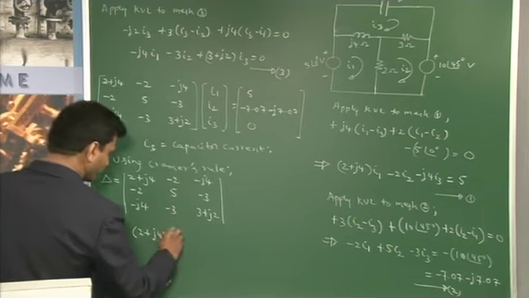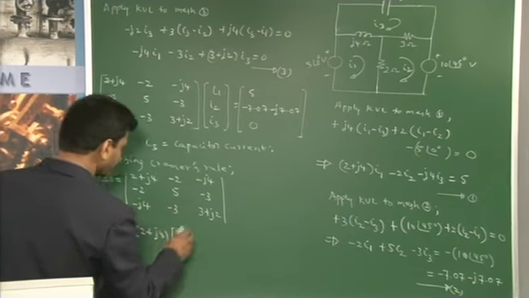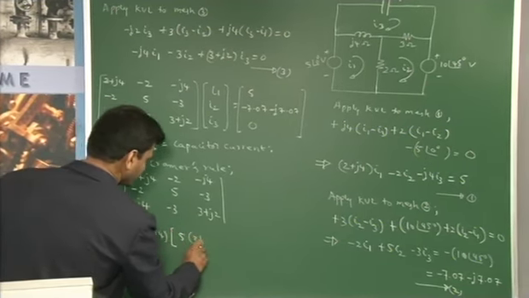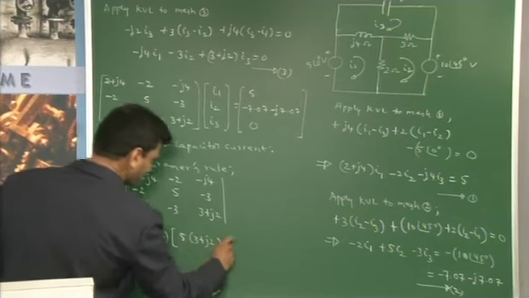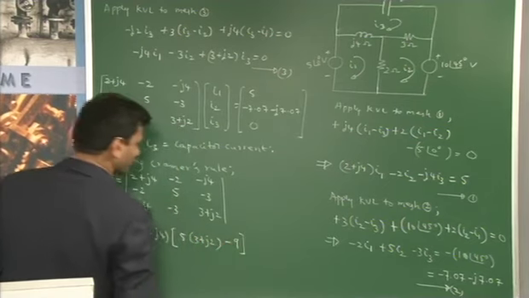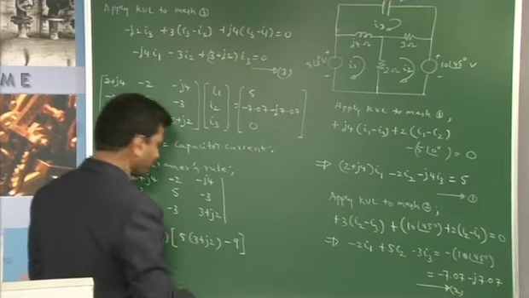The square bracket opens, which is evaluating the inner determinant: 5 into (3 plus J2) minus 9. This is the first main term of the determinant.